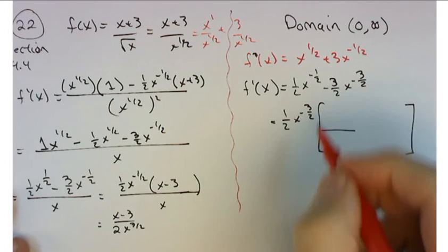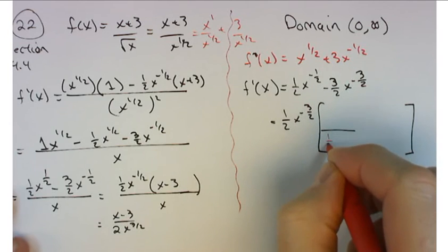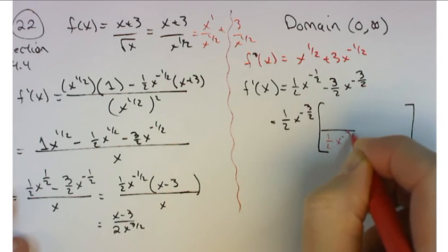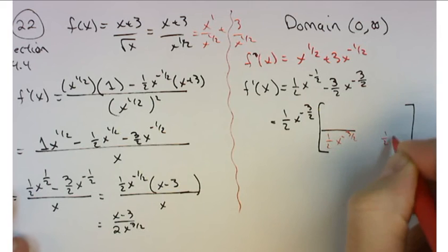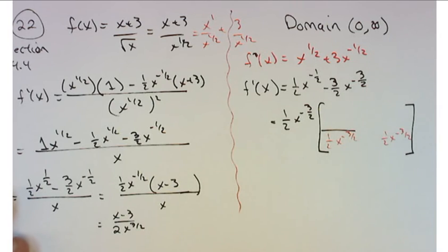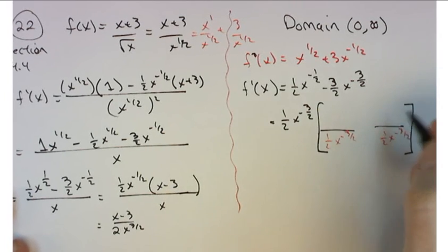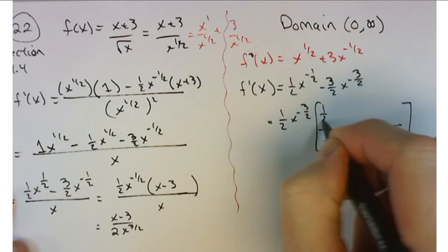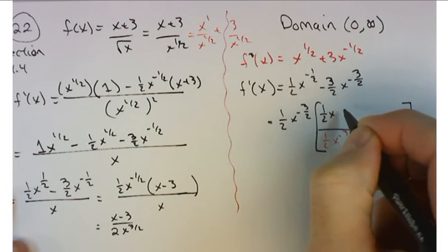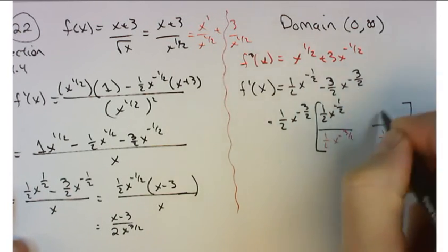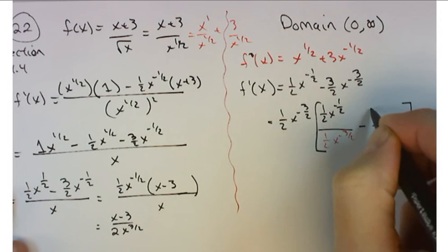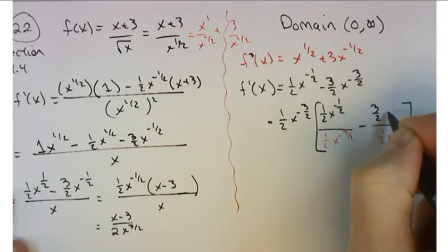So each term is going to be divided by 1/2 x to the minus 3/2. This is going to get divided by 1/2 x to the minus 3/2, and this is going to get divided by 1/2 x to the minus 3/2.